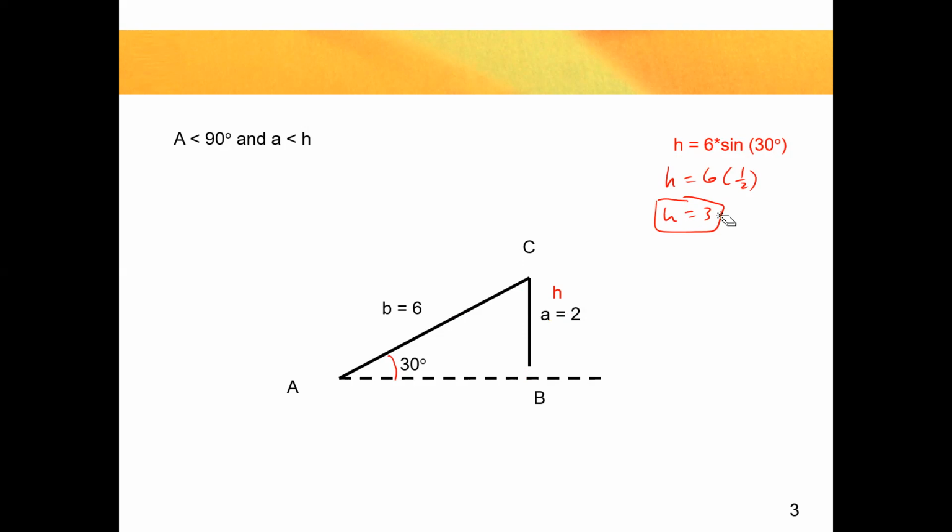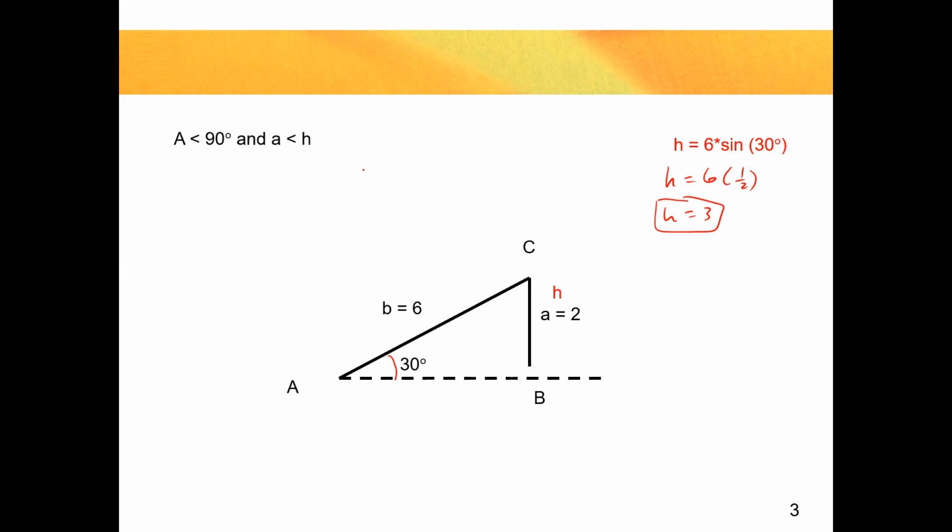So let's go with the cases here. First case, this angle is less than 90 degrees. And then we have to figure out what h is each time. In this case, it's going to be 3. And here's the other case, that a is less than h. Are you saying that's the universal case or just for this problem?